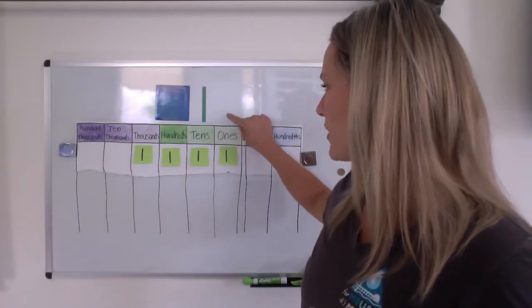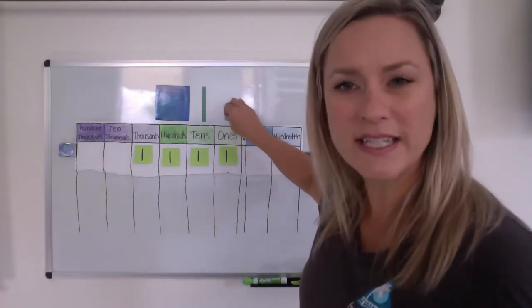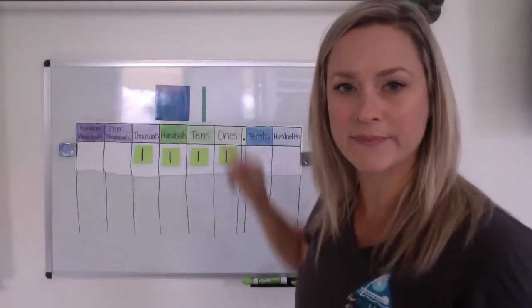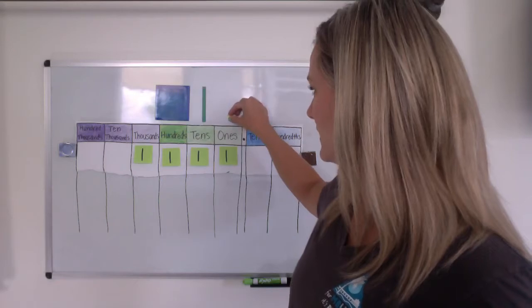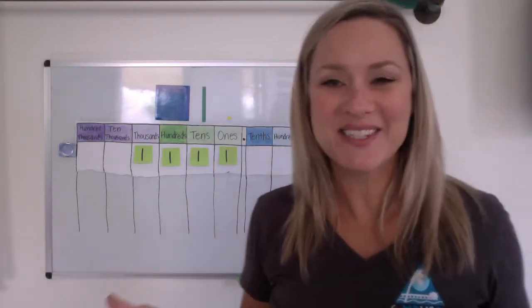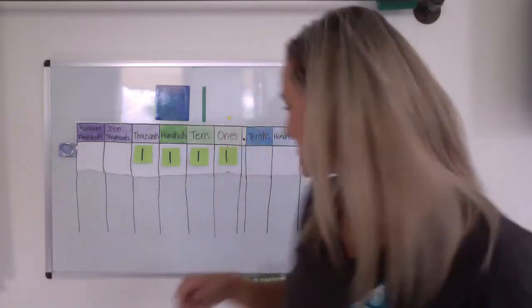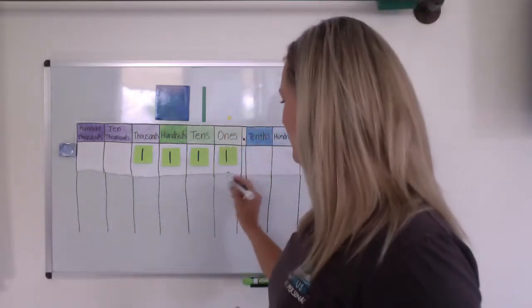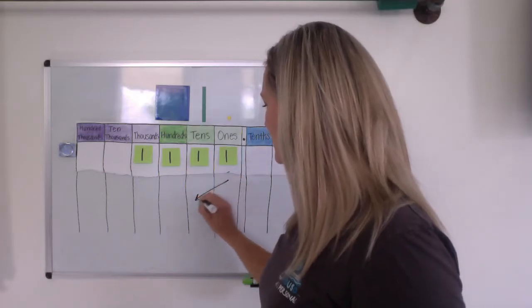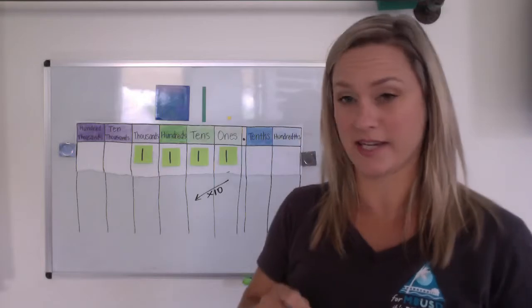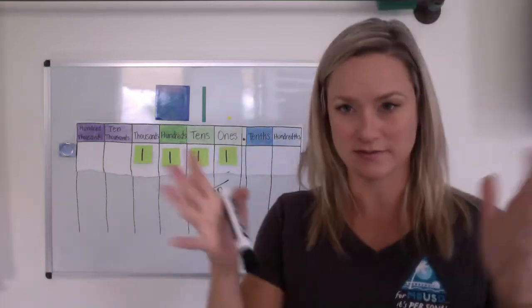Okay, so I have a question for you. How many of these little yellow ones would you need to make 10? And the answer to that is 10. You'd have to count them 10 times in order to make 1 long, right?